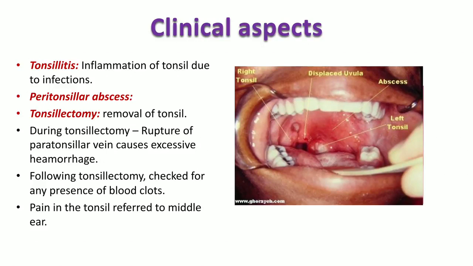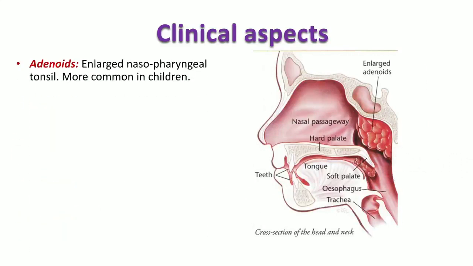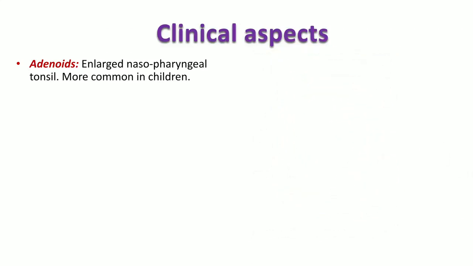With respect to the nasopharynx, enlargement of the nasopharyngeal tonsil is called adenoids, most commonly seen in children. These adenoids lead to other complications, mainly adenoid faces.